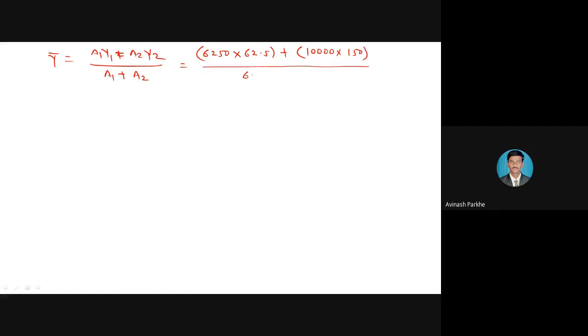Y bar is equal to A1 Y1 plus A2 Y2 divided by A1 plus A2. So A1 6250 into 62.5 plus A2 10,000 into Y2 150, divided by 6250 plus 10,000.